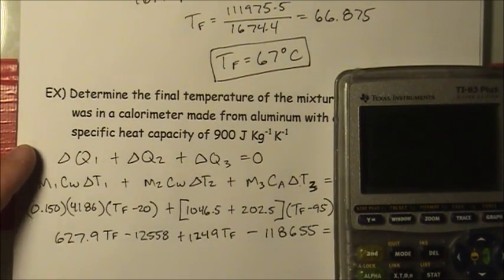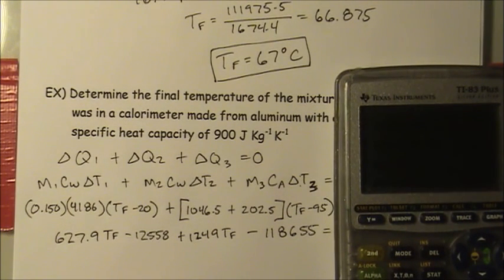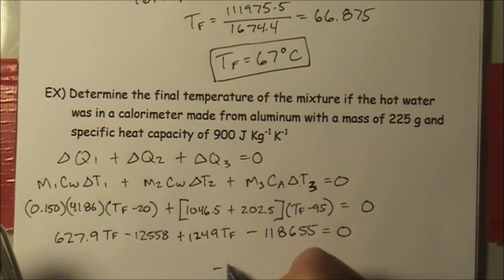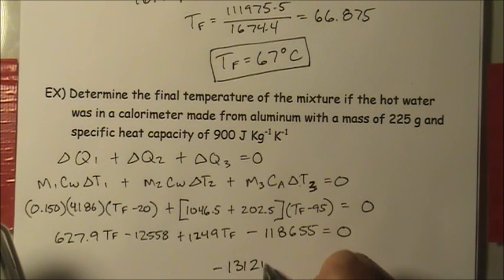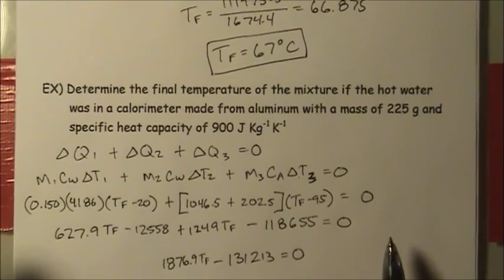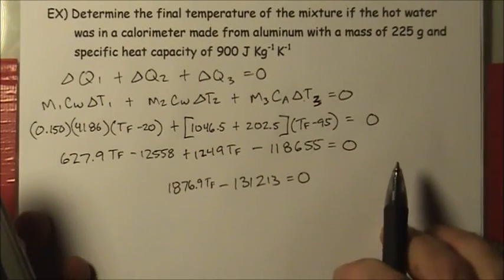So just bringing all these numbers together, I'm going to add this to the 12,558. So it is minus 131,213, that's equal to 0. And we had 627.9 plus 1249, and that is 1876.9 TF equal to 0. Apologize for that.